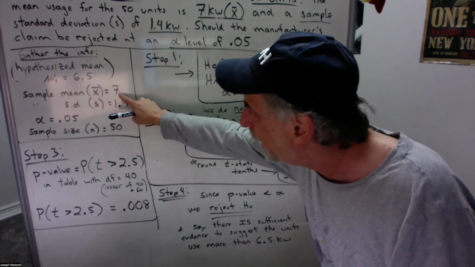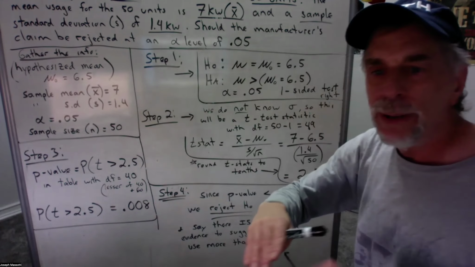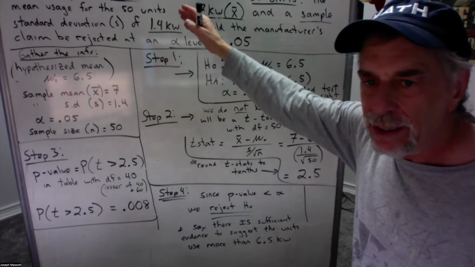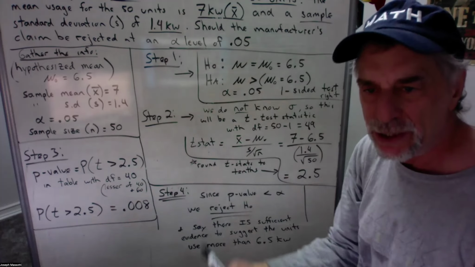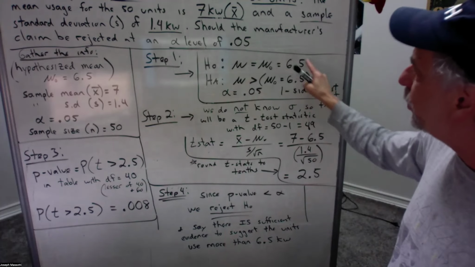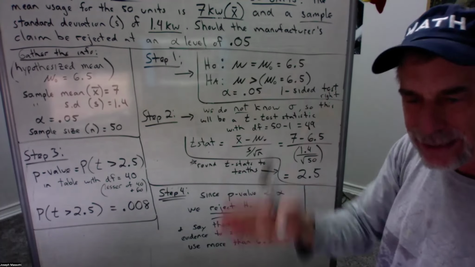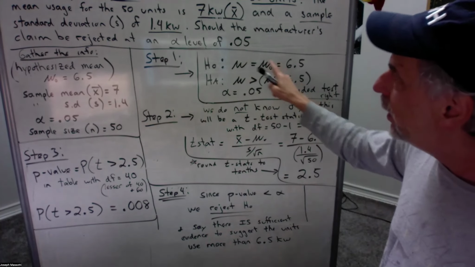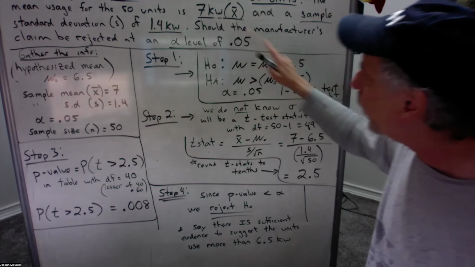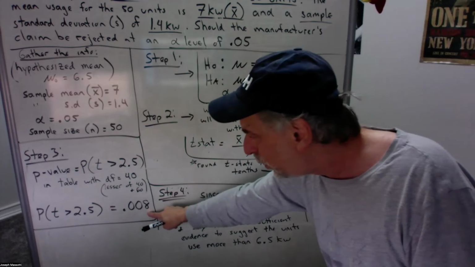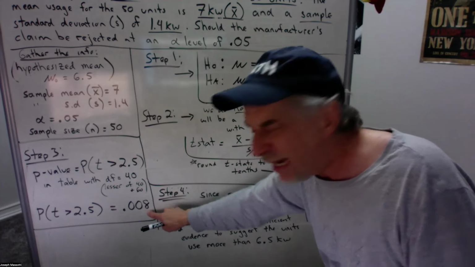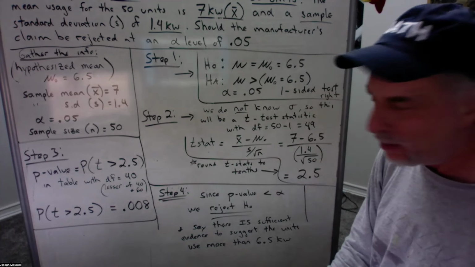We had a sample mean of 7, and we're comparing that with the infinite number of samples of size 50 that we could take from this population theoretically. If this was true, this would be the center of that sampling distribution. And if this is true, we would get a value this far away from that only, what is this? This isn't even 1 out of 100 times. This is 8 out of 1,000 times.